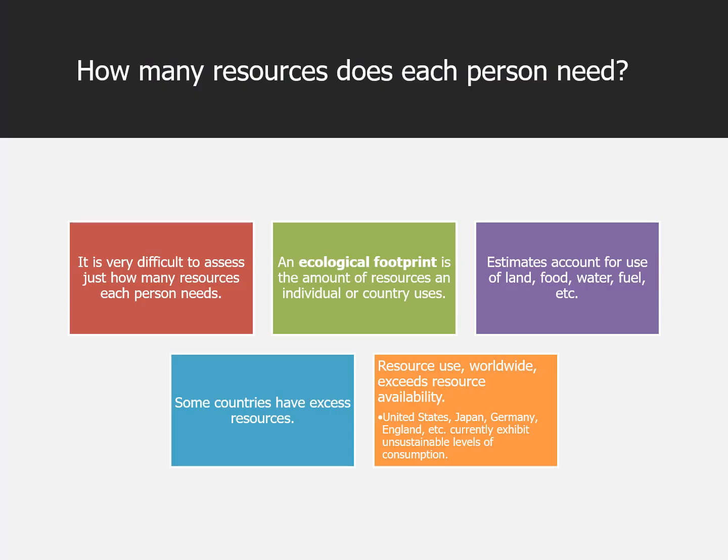So in the end, how many resources does each person on Earth need in looking at estimating carrying capacity, right? And in answer, it is so impossible to guess how many resources each person on Earth needs.